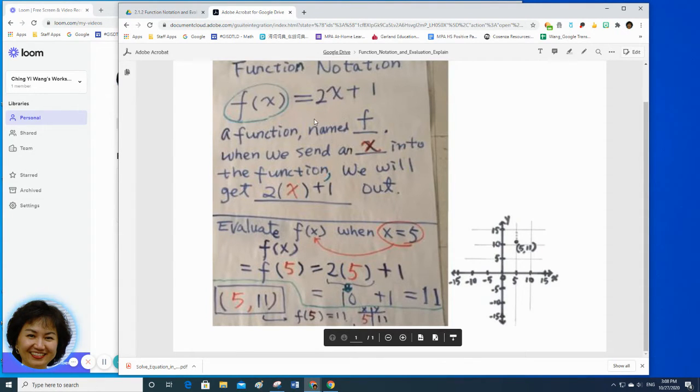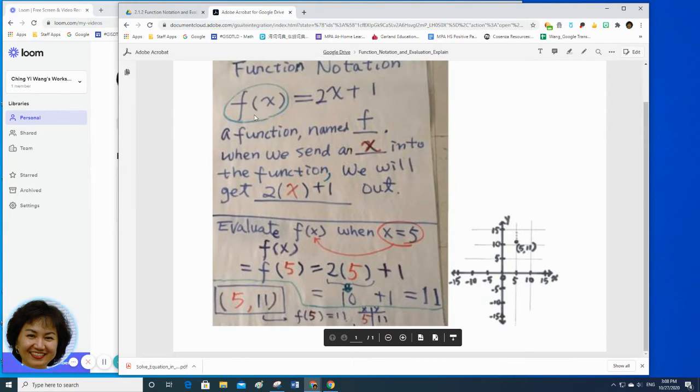Make sure you know this is read as f of x, not fx. F of x. That "of" in between is very important. And the first time you see this notation, you might mistakenly think this is a variable f times a variable x.